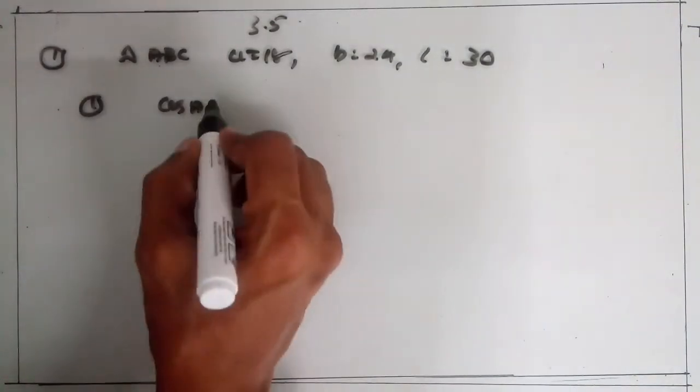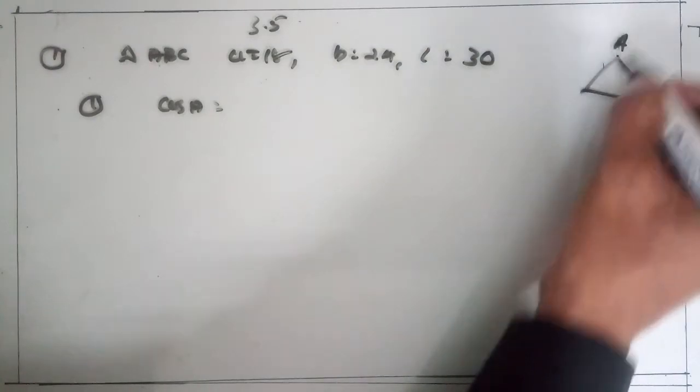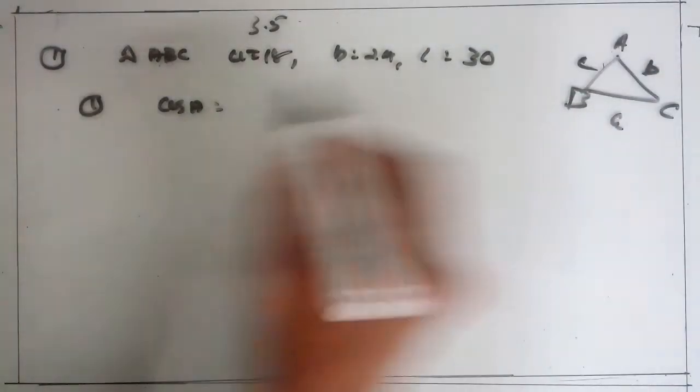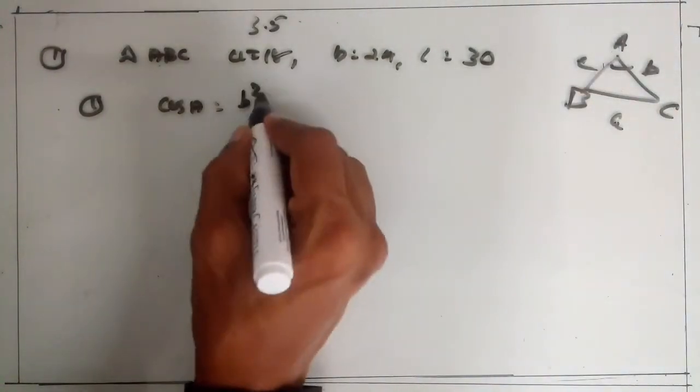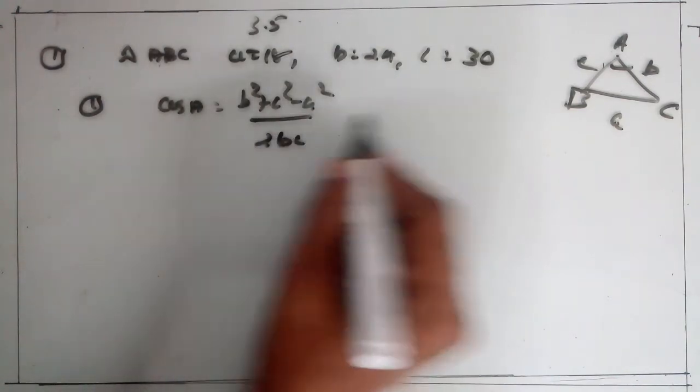You know that in the triangle ABC, cos A is equal to b square plus c square minus a square upon 2bc. Clear?